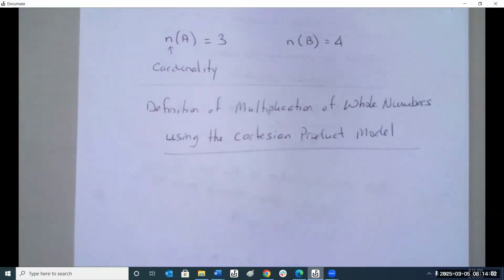Because we started off the semester talking about sets, now we're jumping into numbers. There has to be a connection between the two.